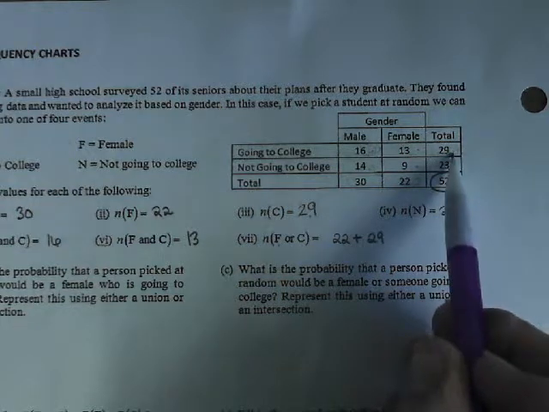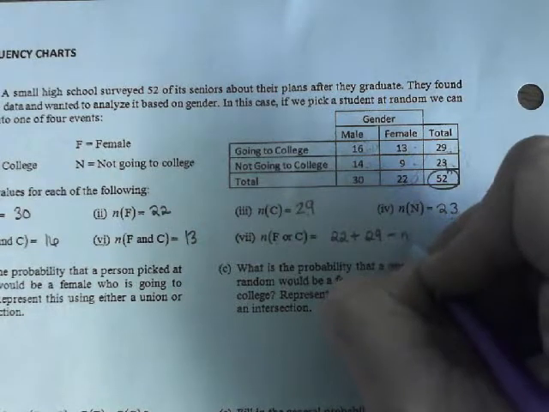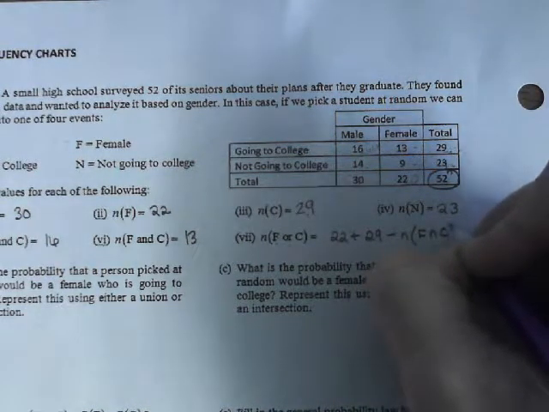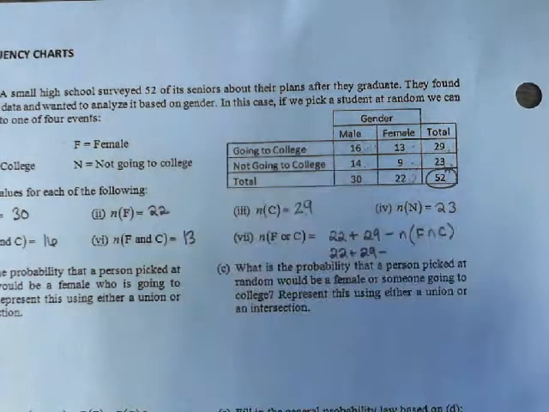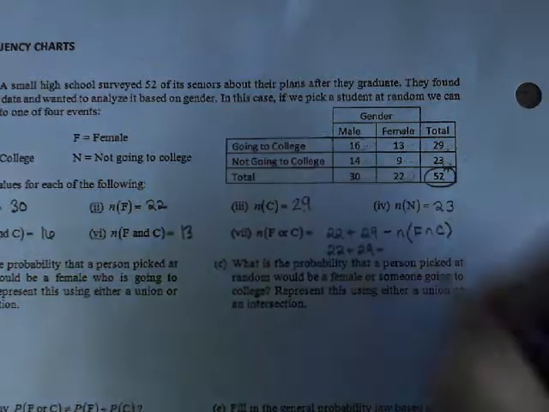So we need to subtract the number that are doing both, the intersection of female and going to college. So that'll be 22 plus 29 minus how many people are females and going to college? 13. So this will give us our total number.